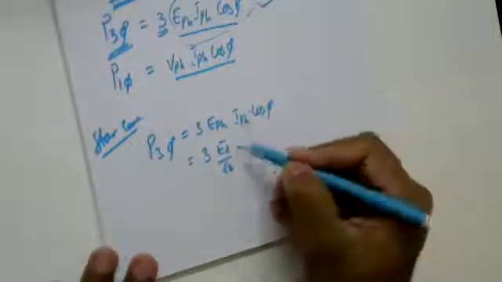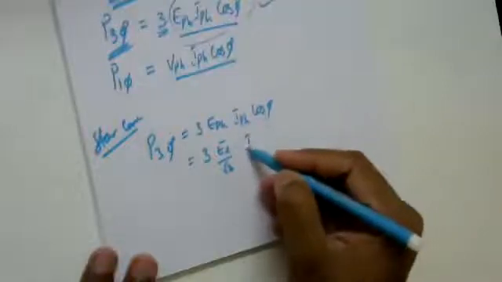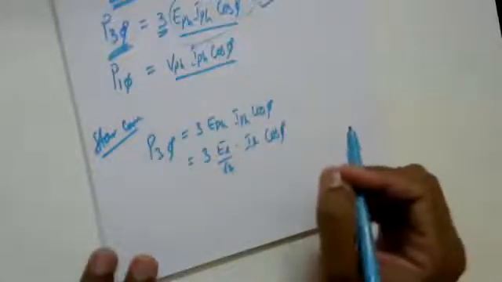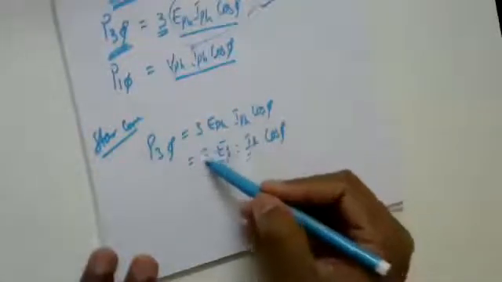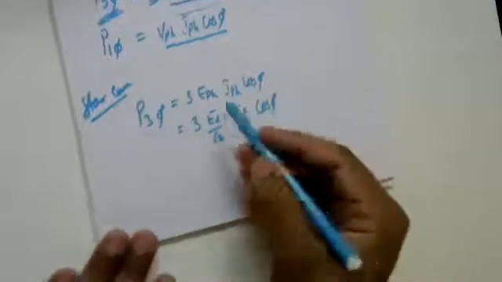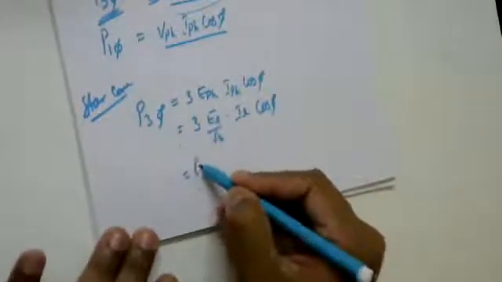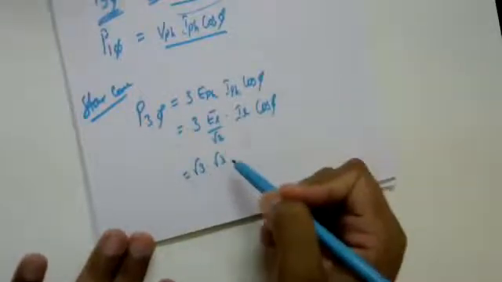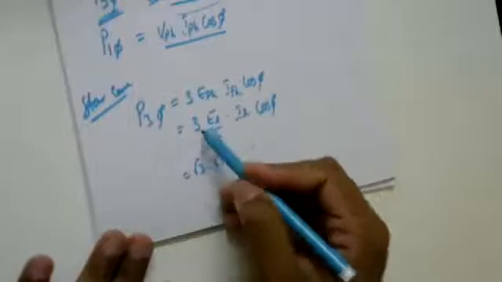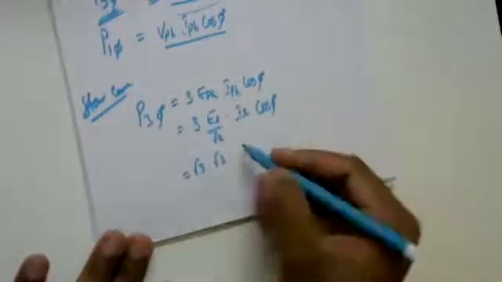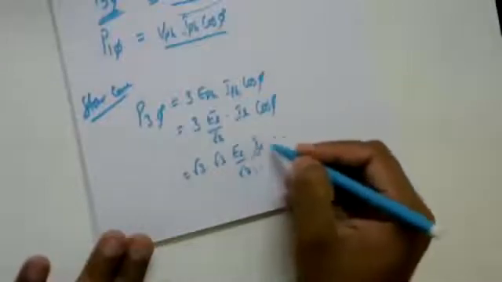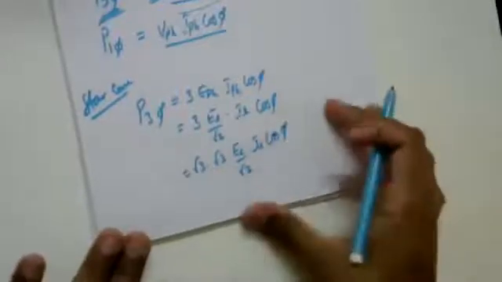Okay. Into what is I phase? I phase is IL in case of star. Then this cos phi as it is. Then how can I write this 3? Simple mathematics. The 3 can be written as root 3 into root 3. Root 3 into root 3 is root 3 square. Square root gets cancelled, giving out 3. Right? Then EL by root 3 into IL into cos phi.